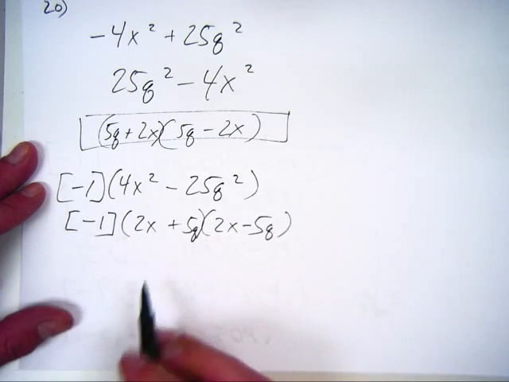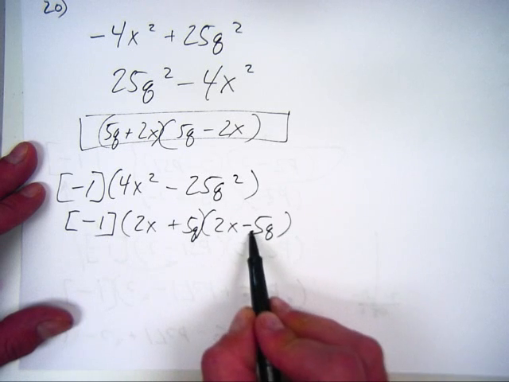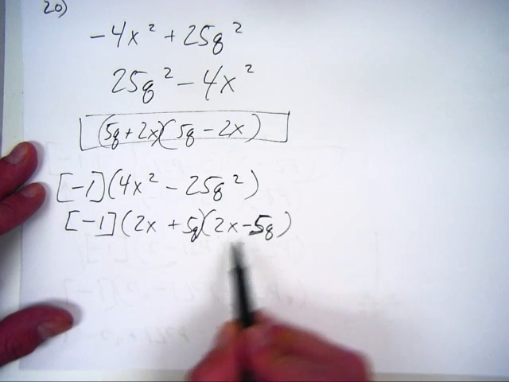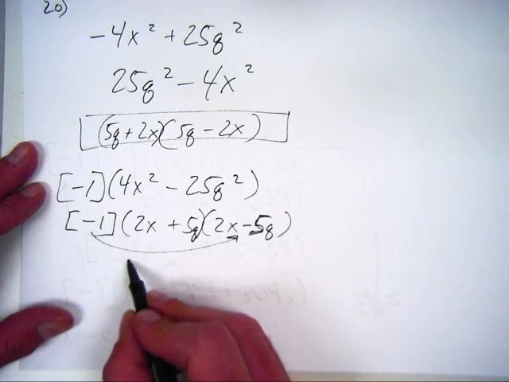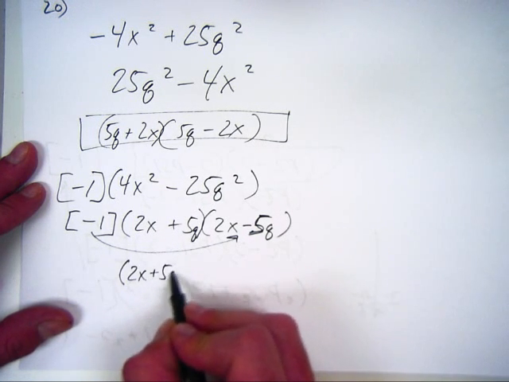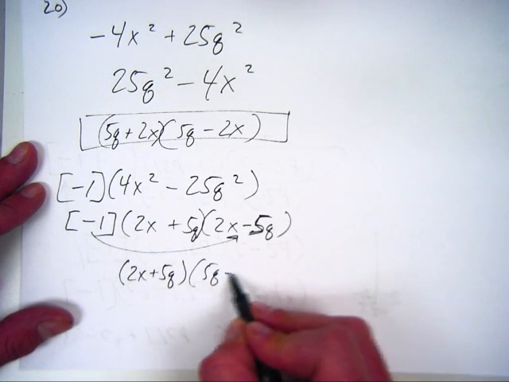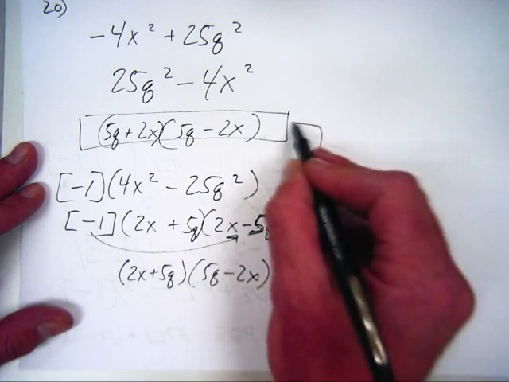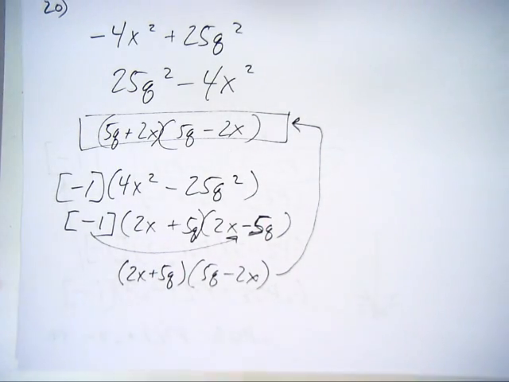Pretty similar to what we have there, except once we distribute this negative 1 back in, we're going to distribute it into this one because that's going to get rid of a negative. So if we distribute it, we get 2x plus 5q from here, and then this one just switches, so we get 5q minus 2x, which is the same thing we got up here. This way is a little bit longer, but will still work if that's the way that you happen to see it.